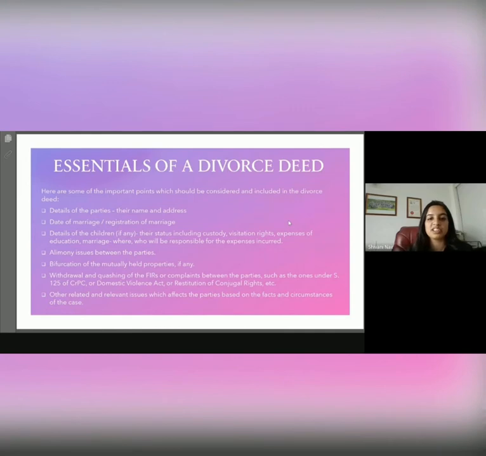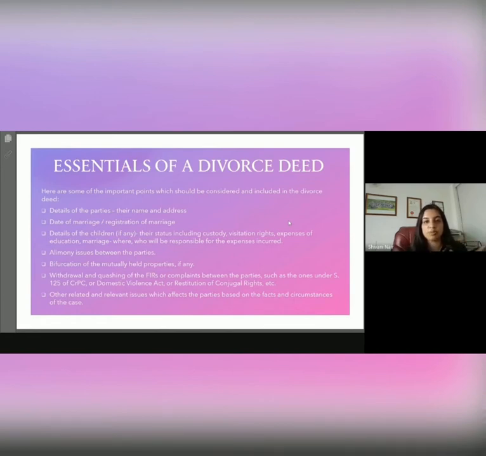Now, some of the things that are to be mentioned in the divorce deed are the details of the parties, that is the name and their address, then the date of marriage or the registration of the marriage and when the marriage commenced, then the details of the children, if any: how many children they have, whether they are minor or major, and their status, which includes the custody, who will take the custody of the child, and the visitation rights.